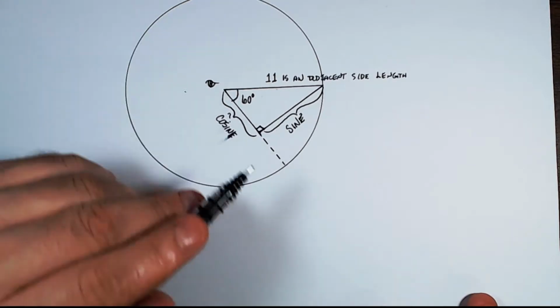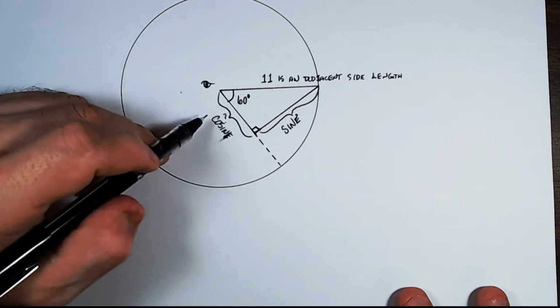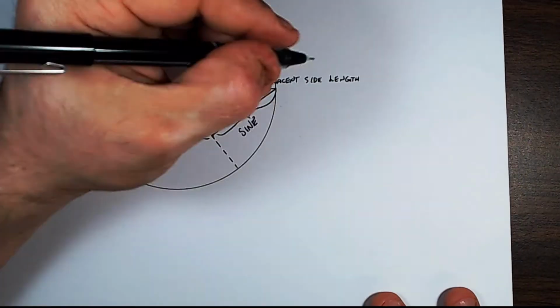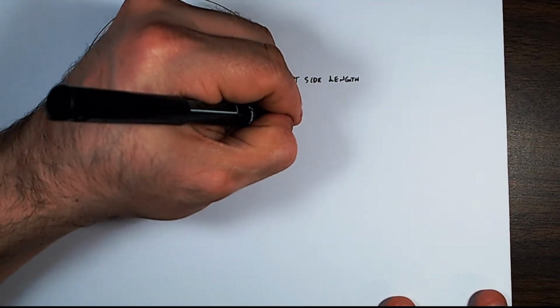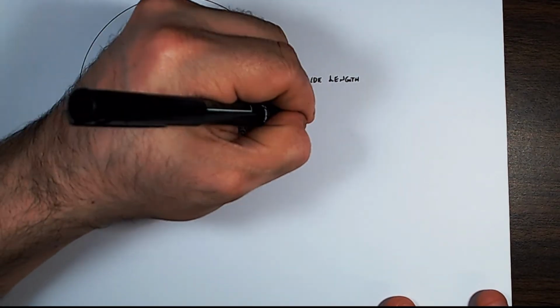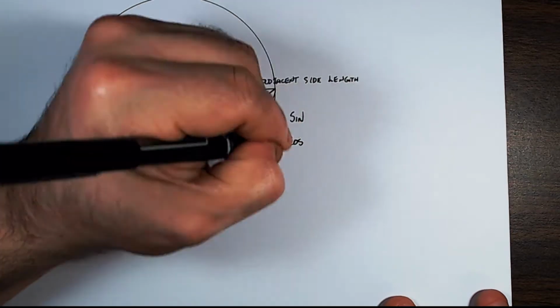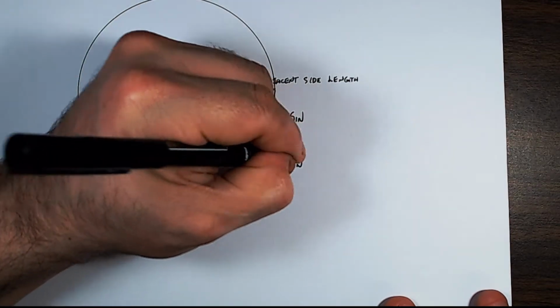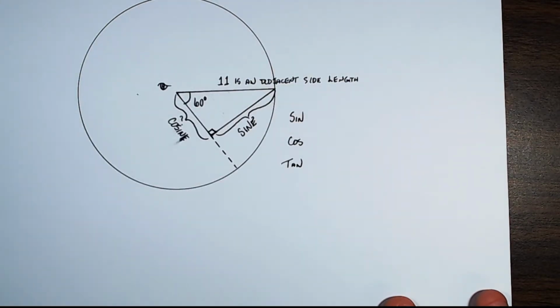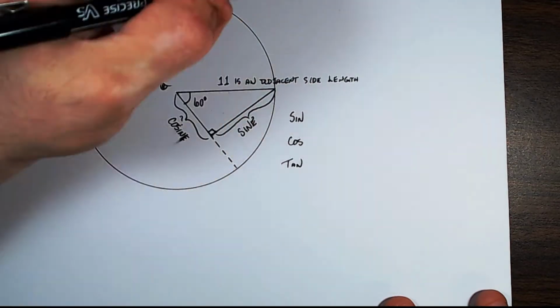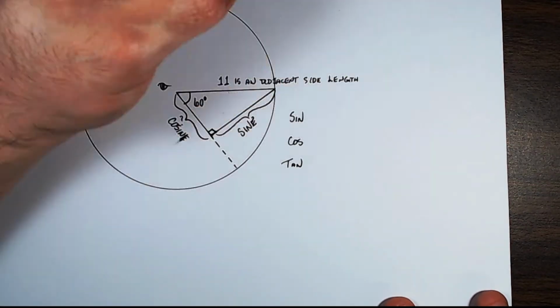So let's think about our basic trig functions. We have sine, we have cosine, and we have tangent. Okay? So sine, let me put it this way.